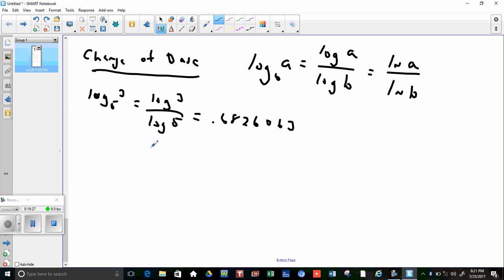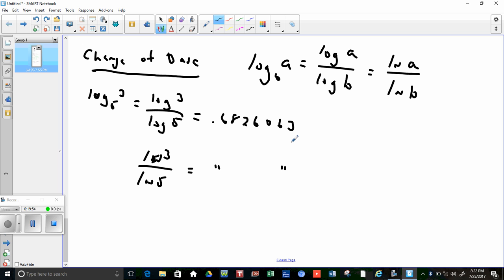And one last thing that I would like you to try, just to make sure that you got the idea here, is to do this using natural logs. So let's do, instead of log 3 over log 5, natural log 3 over natural log 5. So go ahead and find that in your calculator, and you should end up with exactly the same thing that we had up here.